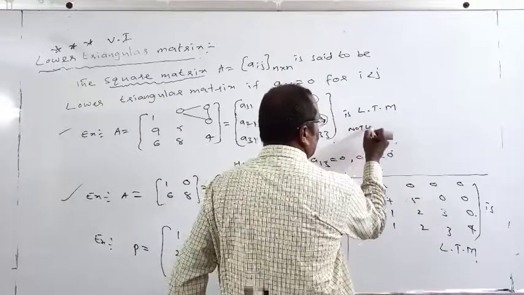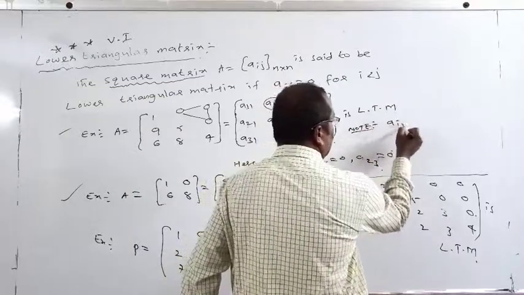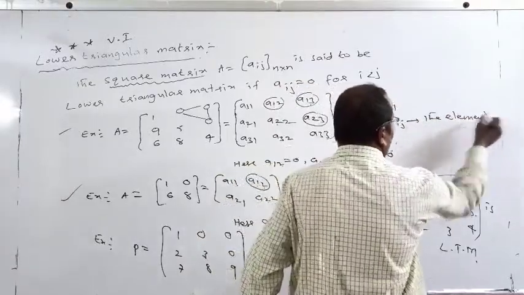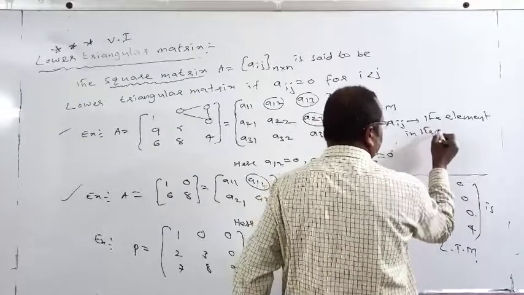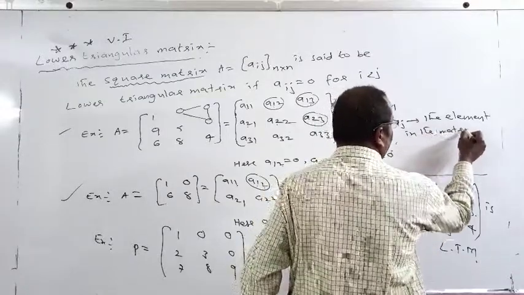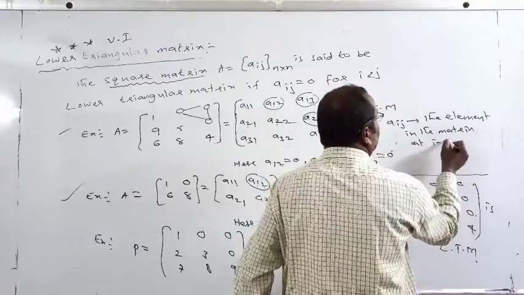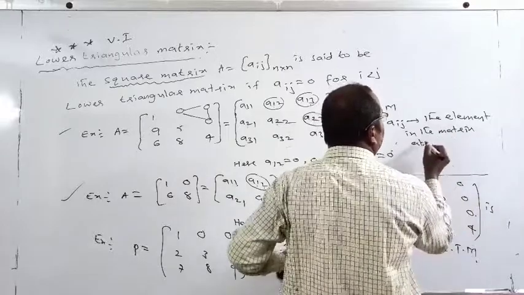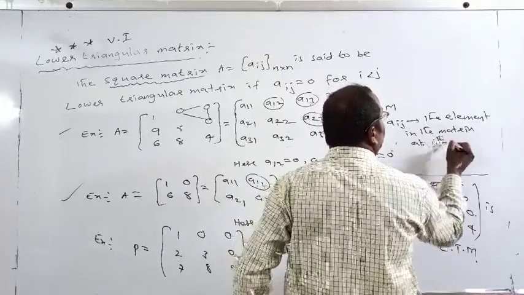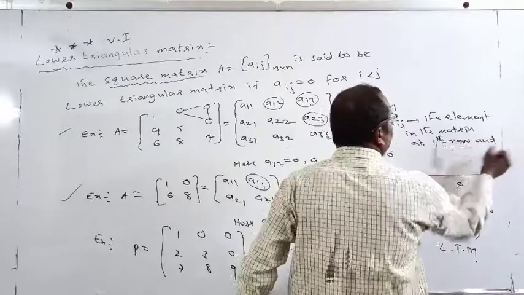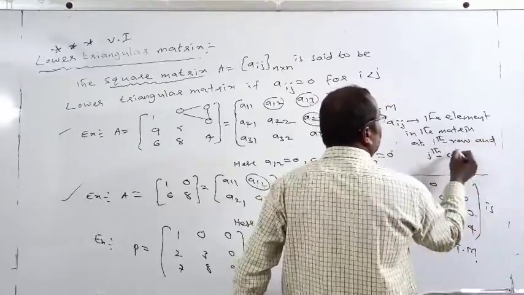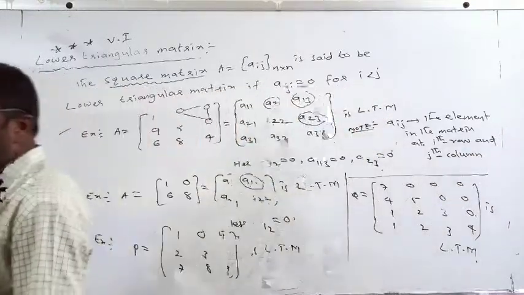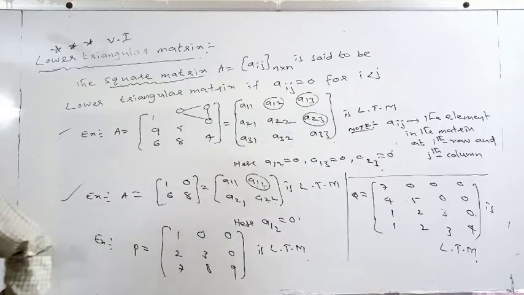Note here, Aij means the element in the matrix at ith row and jth column. Just the meaning of Aij is the element in the matrix only, but at ith row and jth column.